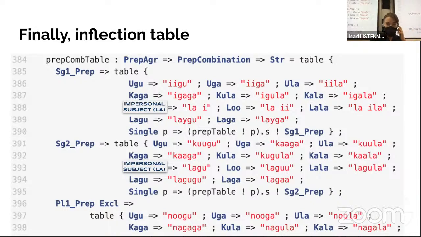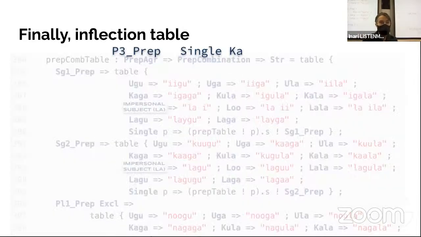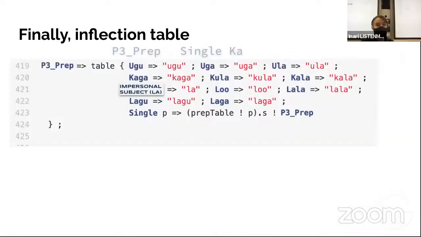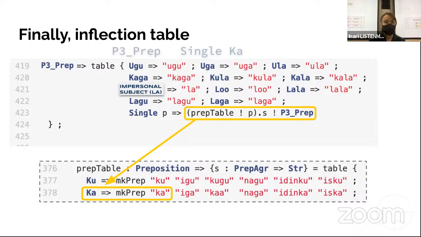We're trying to find the right string for a sentence that is talking about jumping over it. These were the preposition parameters we're looking for. So we follow the PrepAgr third person, and this is the branch of the table where we follow the P3 prep. Then we need to follow the single ka to another table from here.